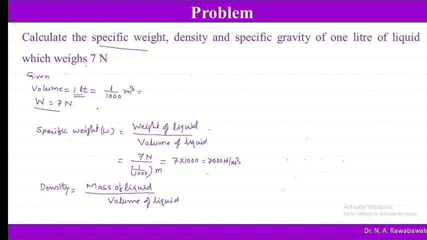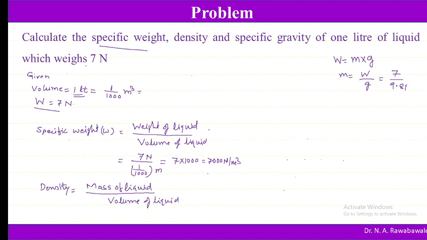But we know weight, we don't know mass. So to find out mass, weight is equal to mass into acceleration due to gravity, or mass is equal to weight divided by acceleration due to gravity. Now weight we know that is 7 and g is equal to 9.81.